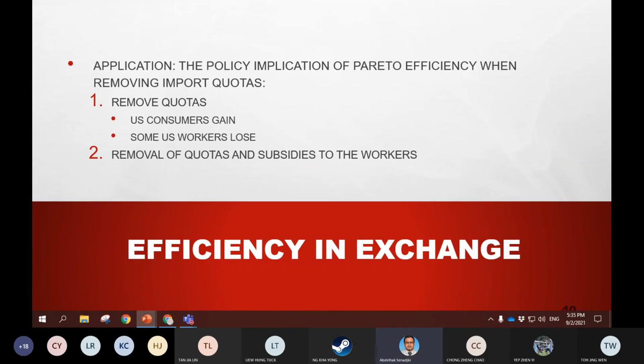The US consumer would enjoy lower prices and a greater selection of cars, because if we remove the quota, it means the US government doesn't have any restriction on steel or iron going into the United States. Therefore, when more steel is imported, let's say from China, the price of steel will be cheaper, and therefore the price of cars will be cheaper. So consumers gain.